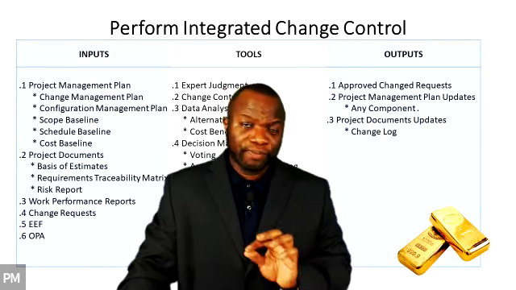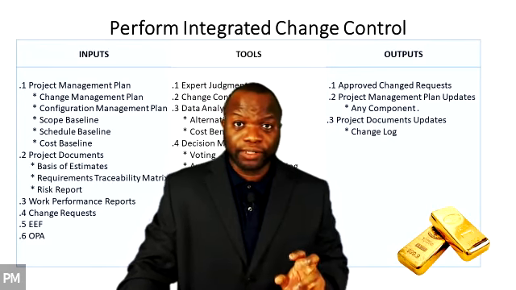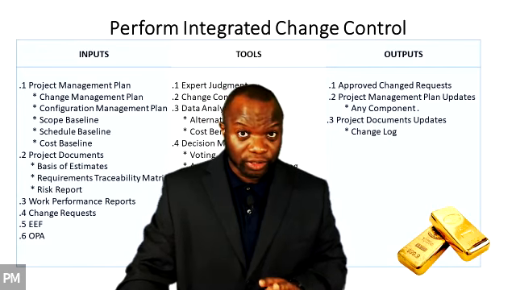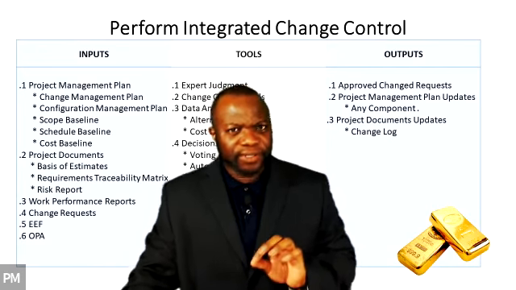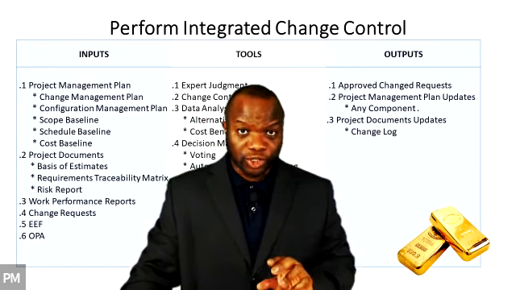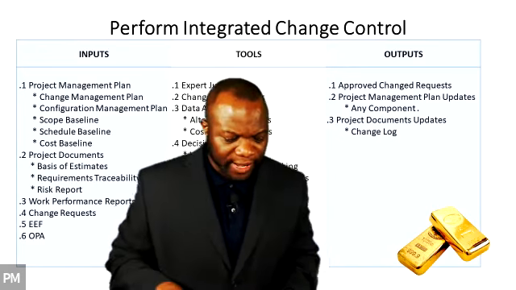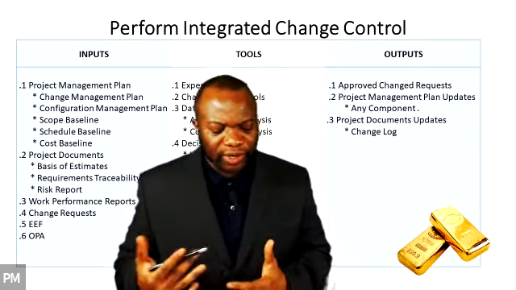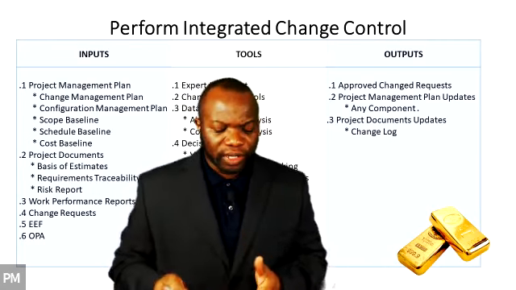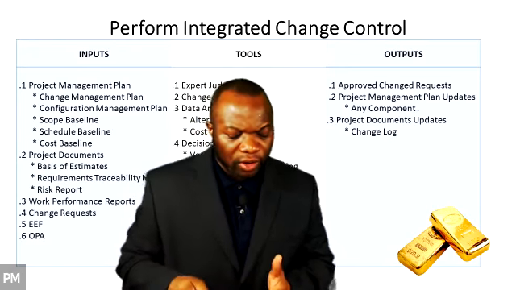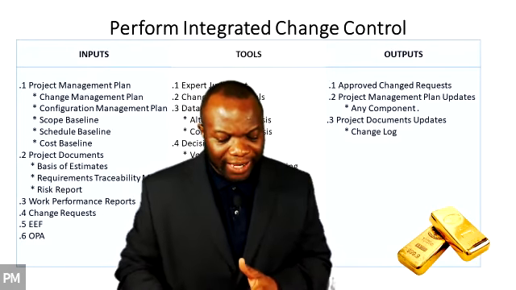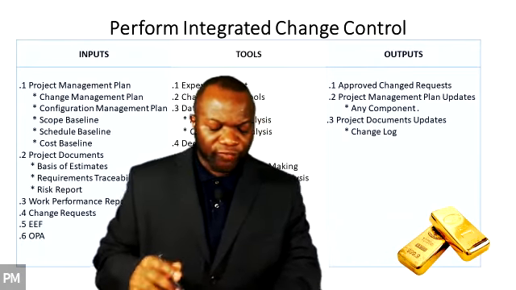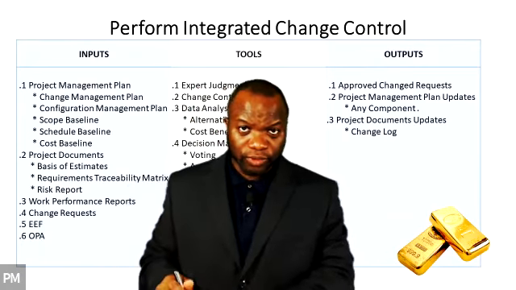Any item that is mentioned as a configurable item needs to be controlled, needs to be version controlled, and the specs need to be versioned. Okay, it's as simple as that. Now the next page talks about these documents, which are not spec documents, but they're project documents, or they might be project management plan elements that need to be controlled through formal change control. Okay.